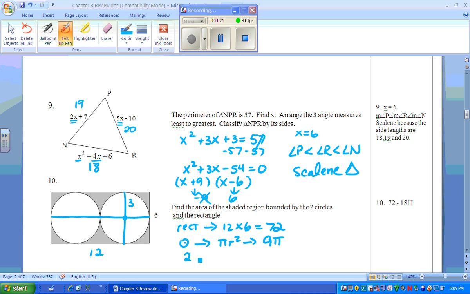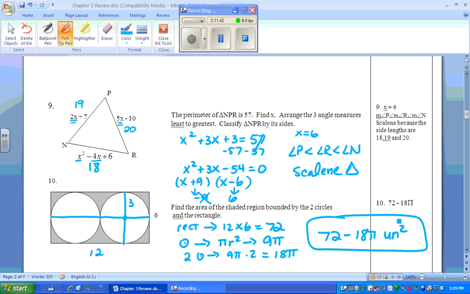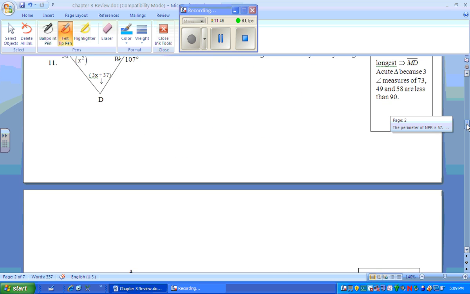So 2 circles is 9 pi times 2, which is 18 pi. And now what do we do? We subtract the big answer, which is the big shape, the rectangle, minus the small answer, and then add unit squared. Do not combine the 72 and the 18 because that will get the wrong answer. One term has pi, one does not.